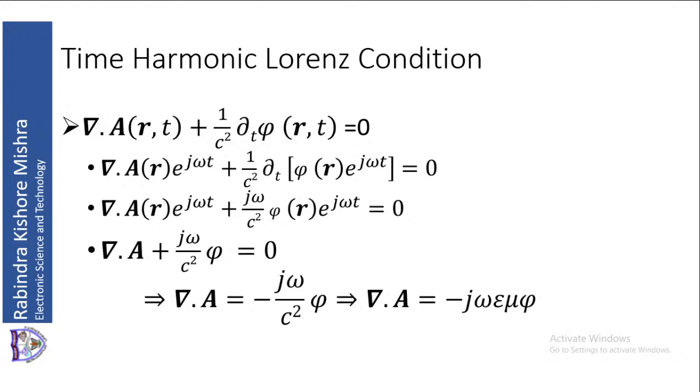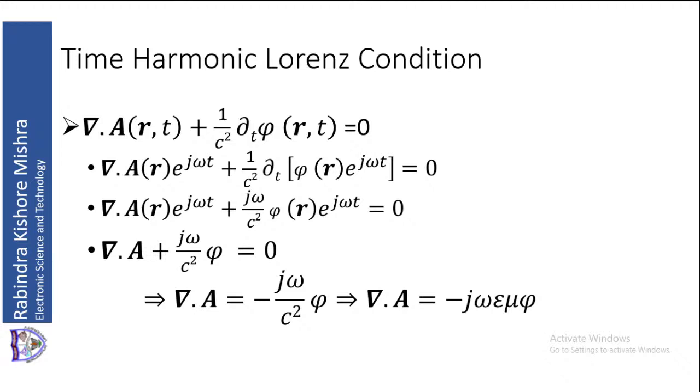Now dou t is a temporal operator. It operates on time only. So phi(r) can be taken outside dou t, and dou t will operate only on exponential j omega t. Dou t operating on exponential j omega t gives us j omega into exponential j omega t.